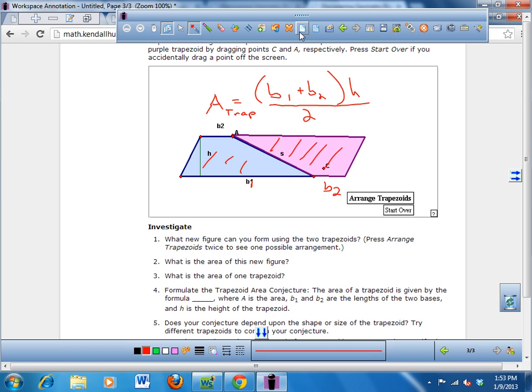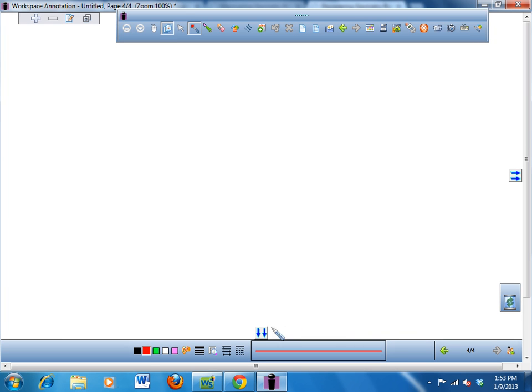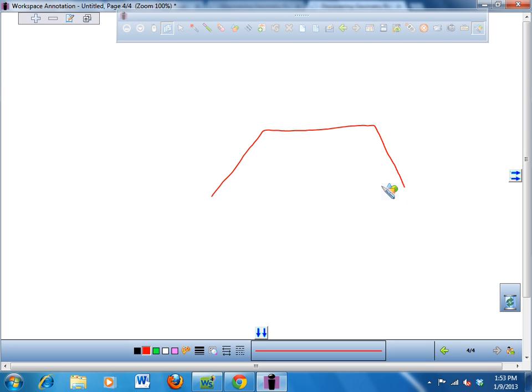So for example, they might give you an example problem where they say, okay, here is a trapezoid. Let's see if I can draw a trapezoid. Oh, pretty good, huh? So here's a trapezoid. How about you write down some notes?